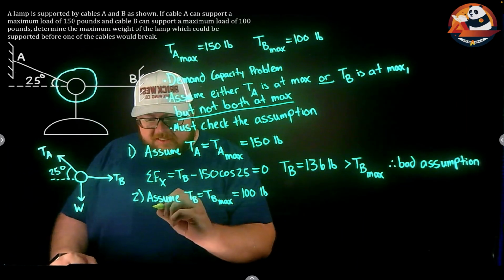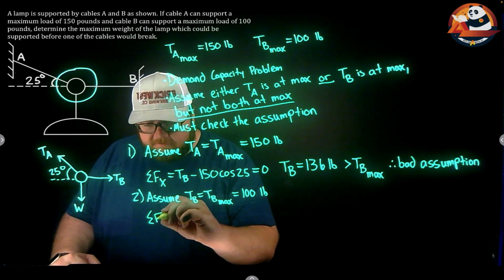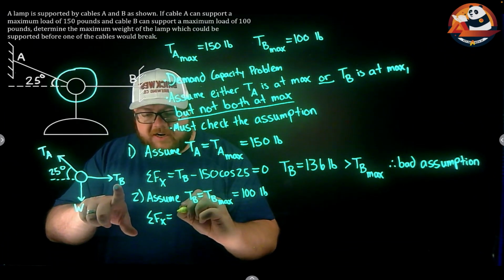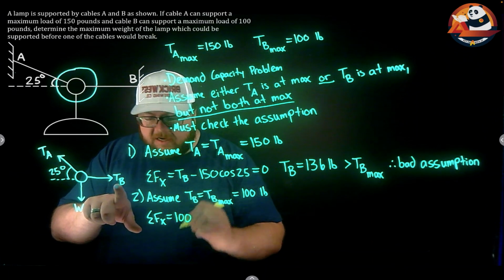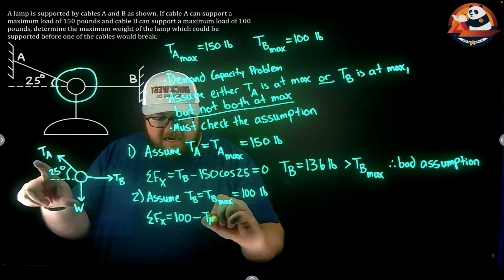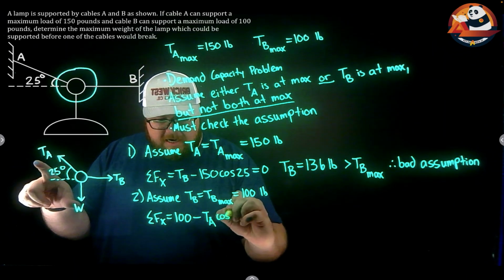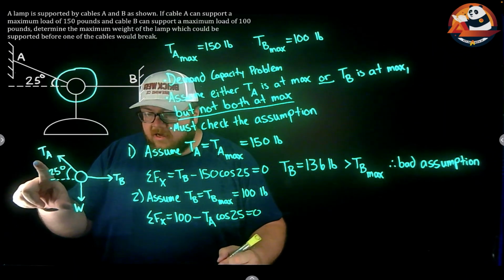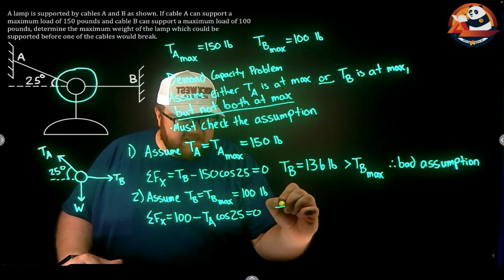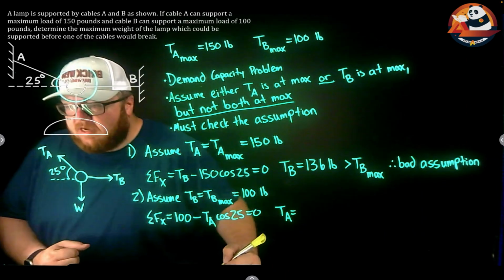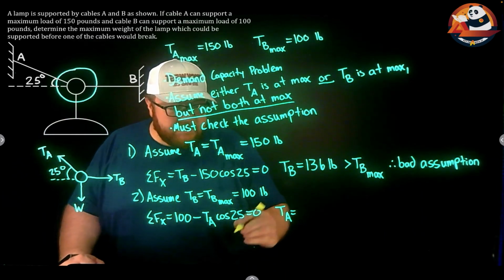So summing forces in the x again, I would have TB is entirely in the positive direction. I am assuming it's 100, minus the x component of TA, minus TA cosine 25, gets me to 0. Solving for TA, I'm going to get that TA is equal to 110 pounds.